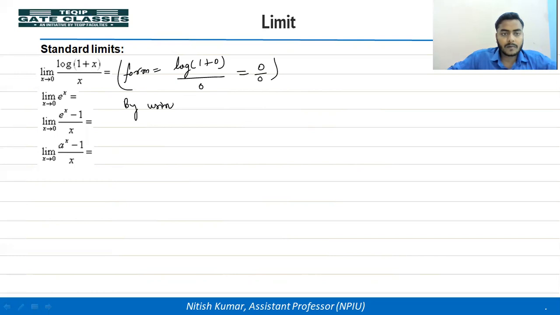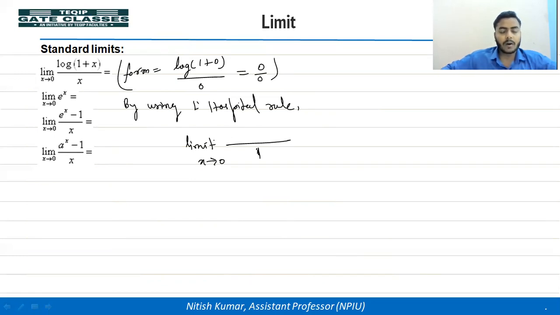By using L'Hopital rule, limit x tends to 0. 1 का differentiation, x का differentiation 1, log of 1 plus x. So it is 1 by 1 plus x into 1. Put x equal to 0, we are getting 1. So इसका क्या हो जाएगा?